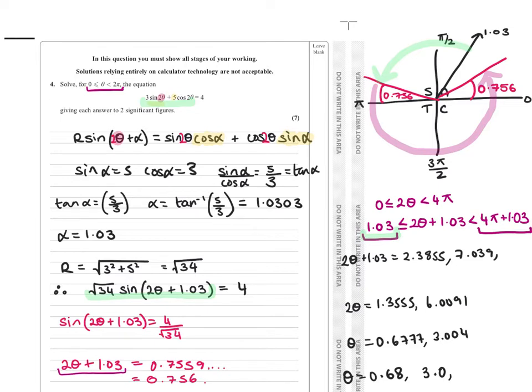So 7.04 minus 1.03, then divided it by 2, and I ended up with 3.01. So I actually had a rounding error, so just be careful.